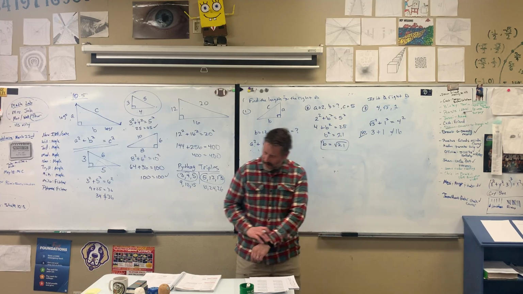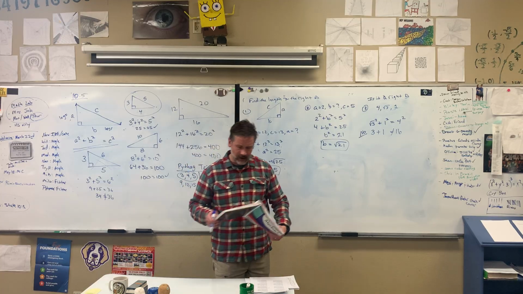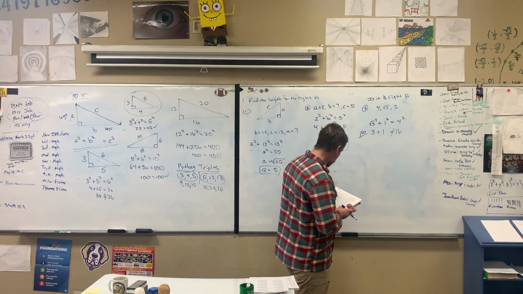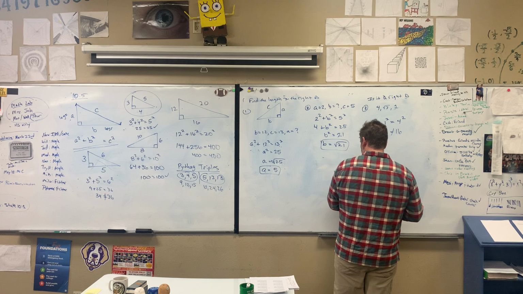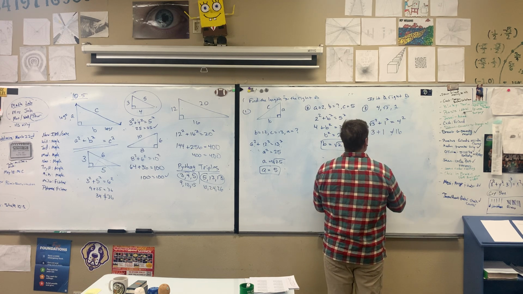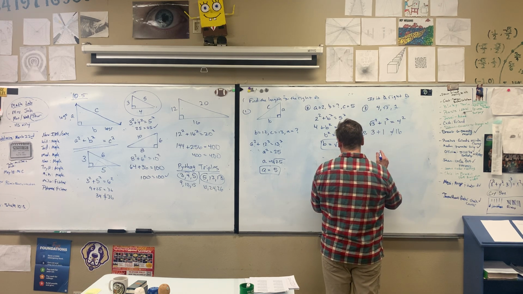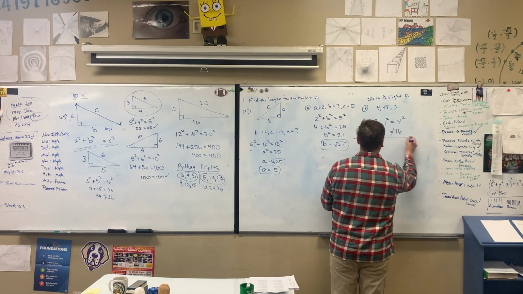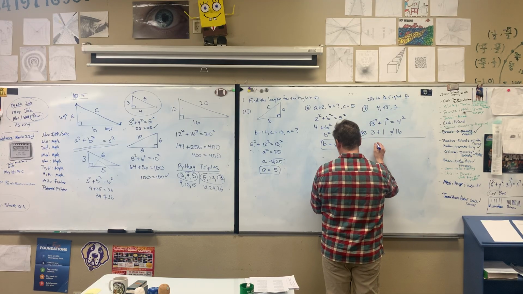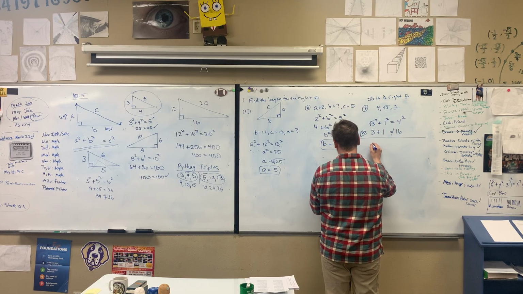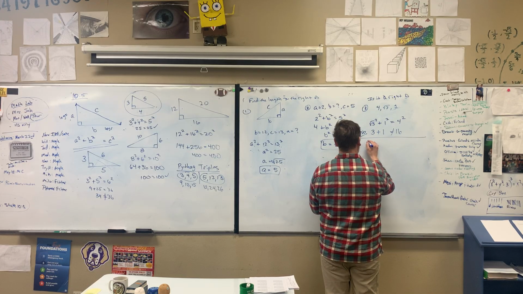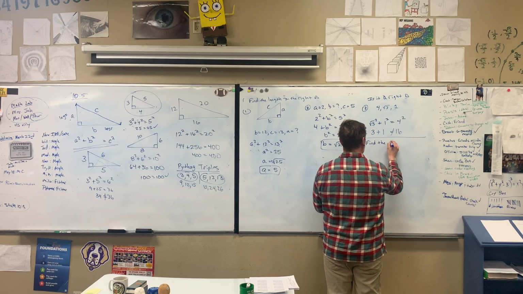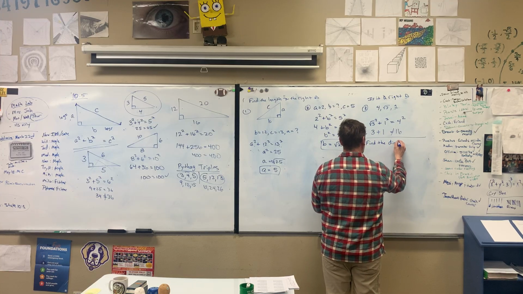Okay. Now, in the discussion of Pythagorean theorem, we also get into a discussion of the distance formula. I may have run out of room here. I don't know if I really want to start it here.